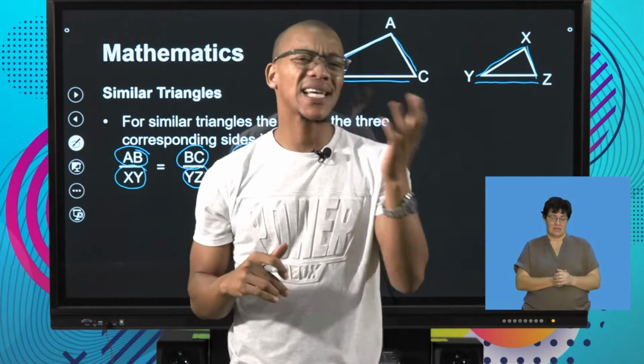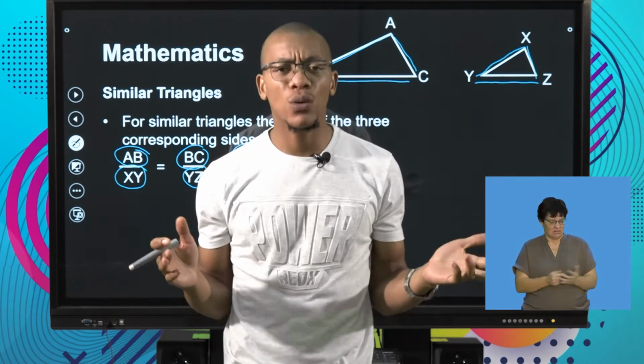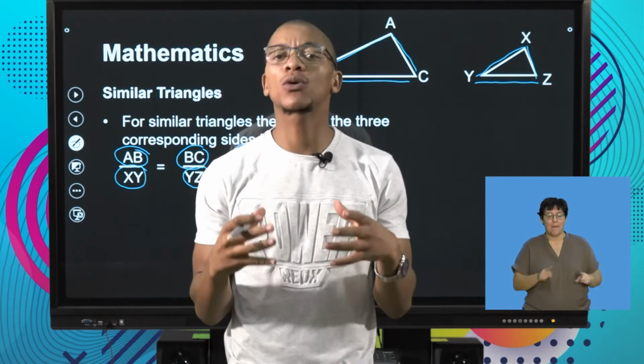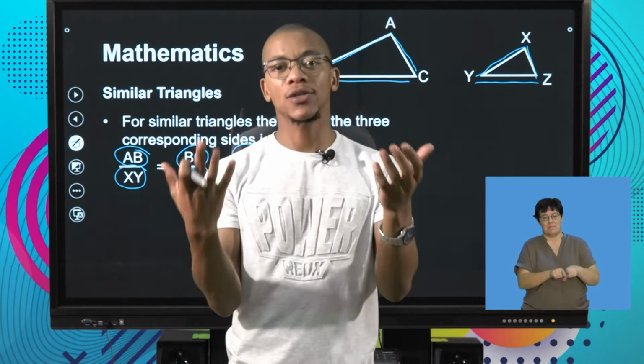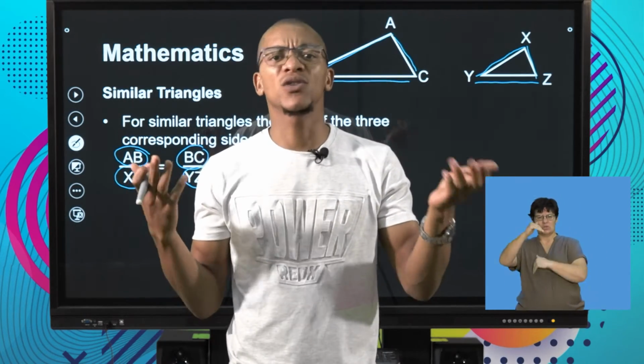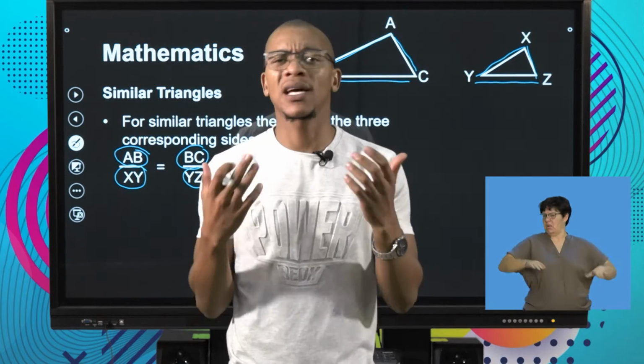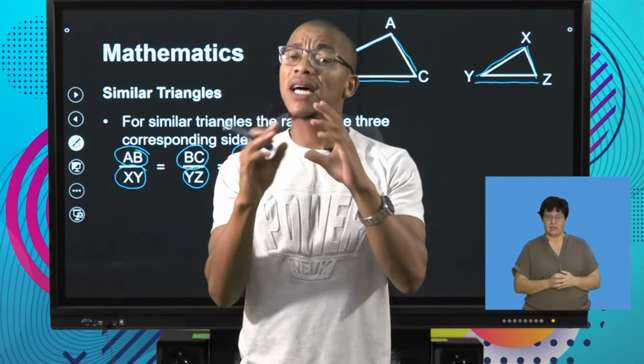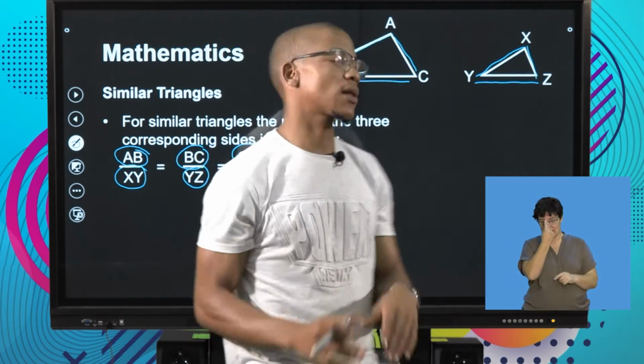They don't necessarily need to be the same thing. No, as long as it's the same category of shapes, triangle and a triangle, because you can't compare a triangle and a square and then say you want to talk about similarity there. That will not make sense. So that's what you need to please understand with that.